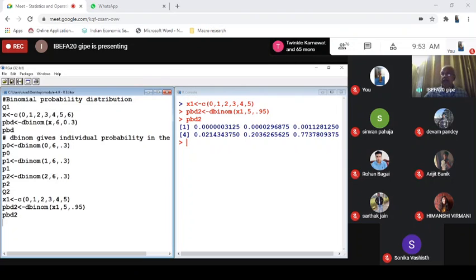One more probability I can define, and that is the cumulative probability of the binomial distribution for the second question. This stands for cumulative. And the syntax will be P binom x1, 5, 0.95.